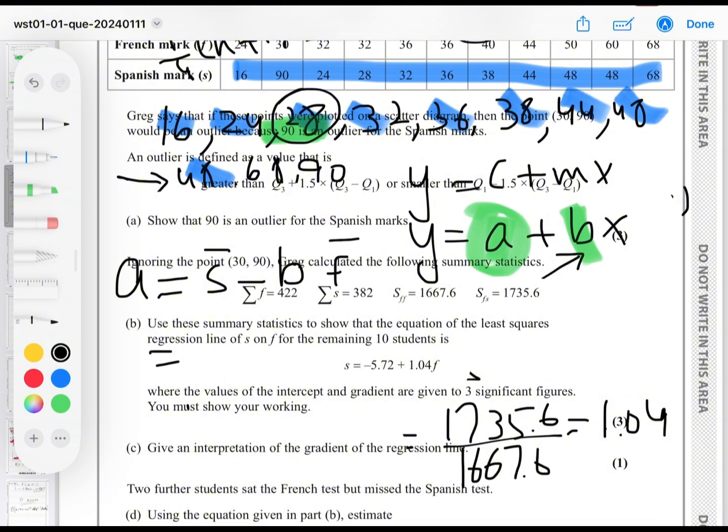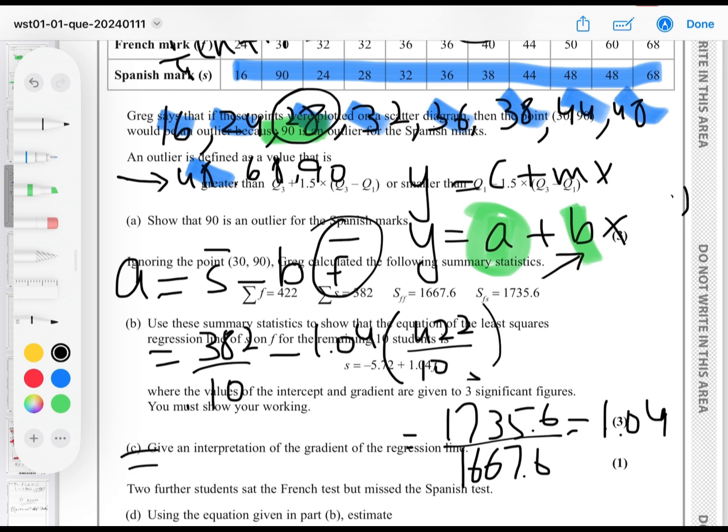As we have 10 students here, the mean of s will be the summation of s, which is 382 upon 10, minus the value for b, which is the slope we just calculated, times the mean of f, where the summation of f is 422. So 38.2 minus 1.04 times 42.2.